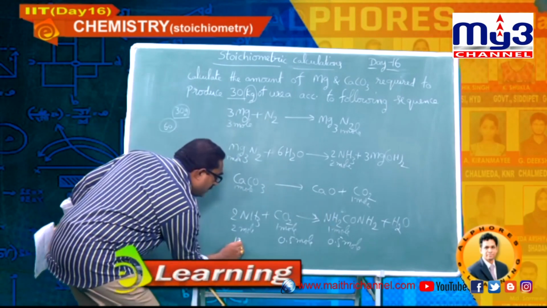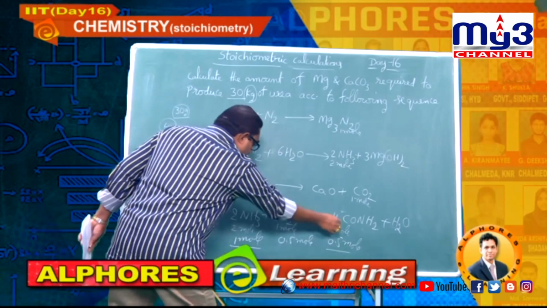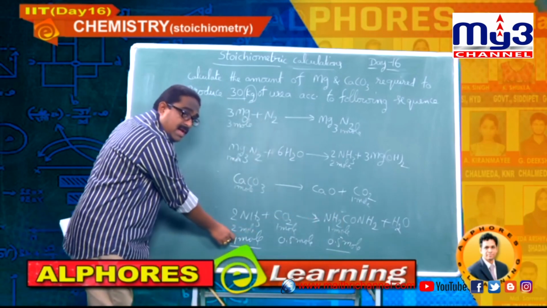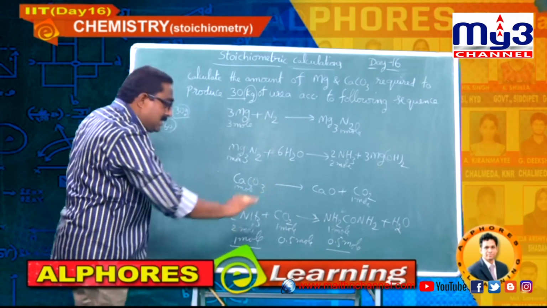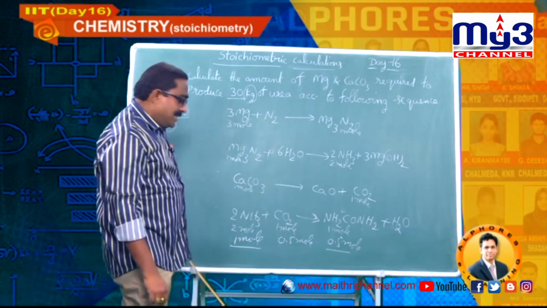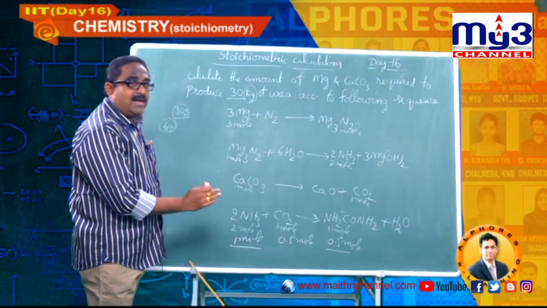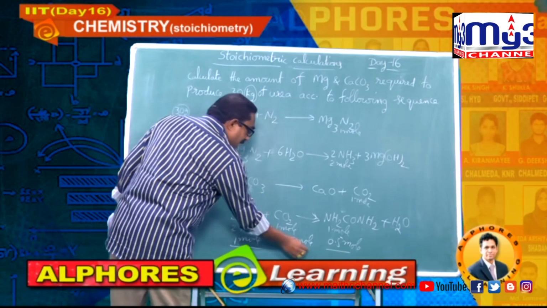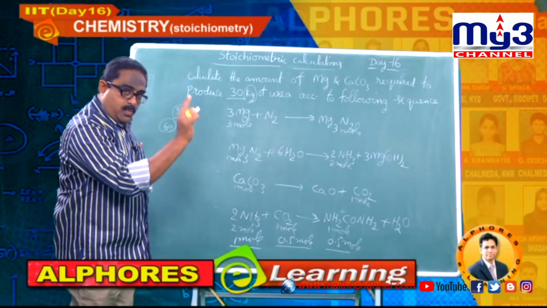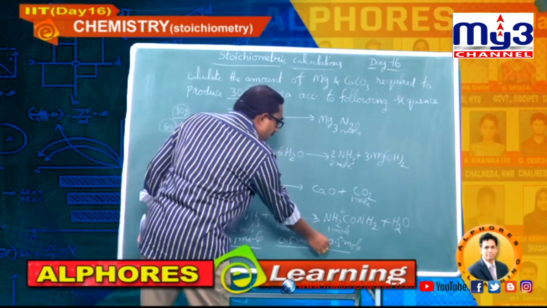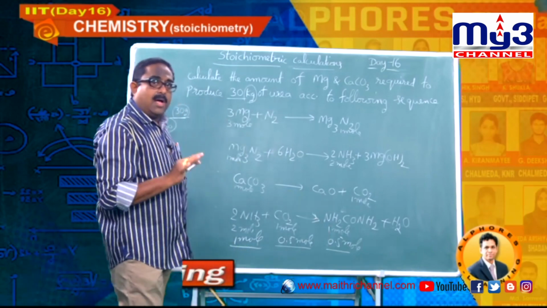So how much do I have to take? 1 mole, because the mole ratio is 2:1. So you can write this 1 mole as 2 into 0.5. Stoichiometry is not at all disturbed. So finally, I got the requirement of carbon dioxide and ammonia to produce 0.5 mole, that is 30 grams of urea.